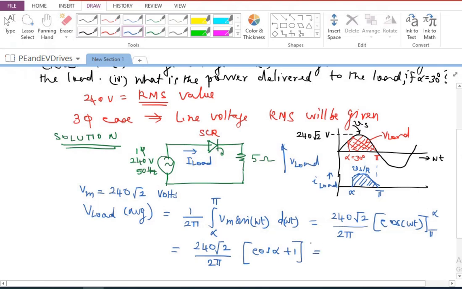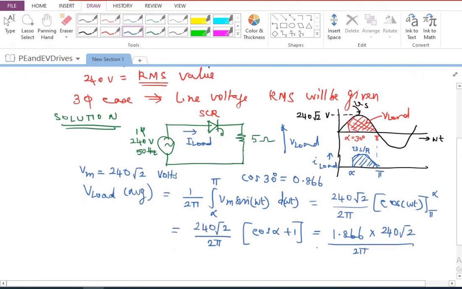So this is going to be the overall voltage that we get. And cos alpha is cos 30, which is root 3 by 2, which is actually 0.866. So I can write this as 1.866 multiplied by 240 times root 2 divided by 2 pi. This comes out to be 100.8 volts. Please verify the calculation.